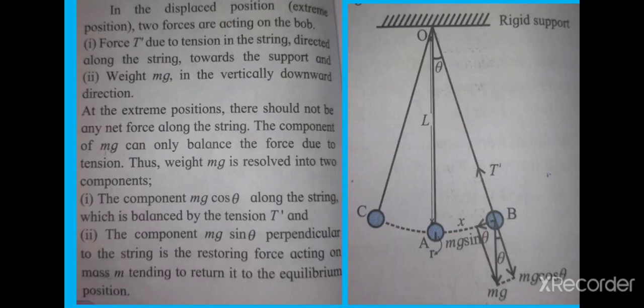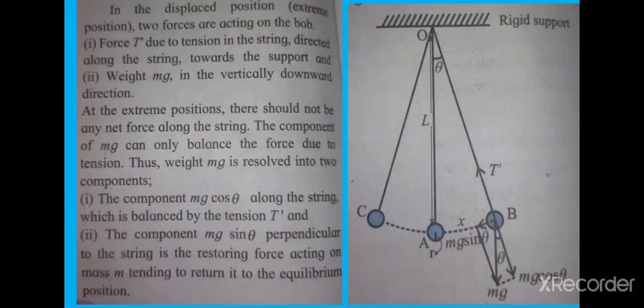At the extreme position, there should not be any net force along the string. The component of mg can only balance the force due to the tension. Thus, weight mg is resolved into two components. First, the component mg cos theta along the string, which is balanced by the tension T'.